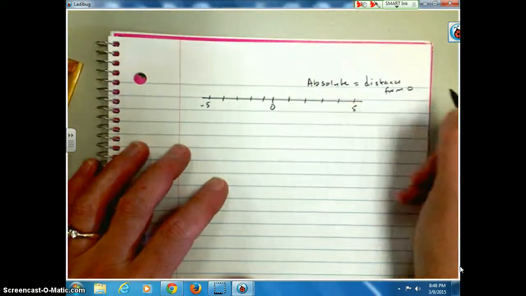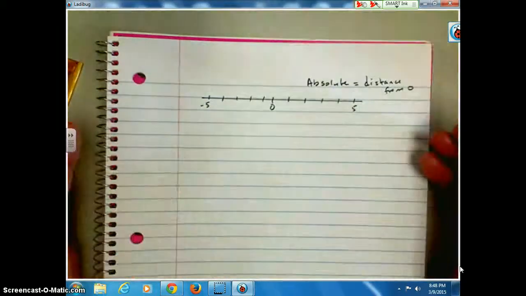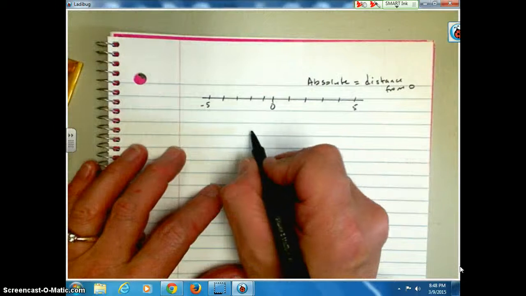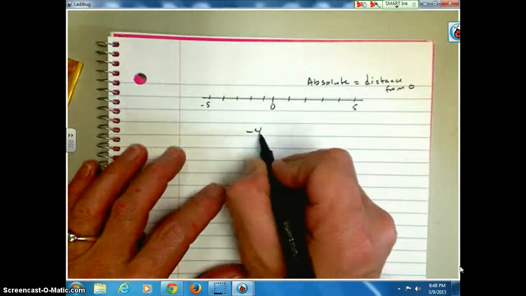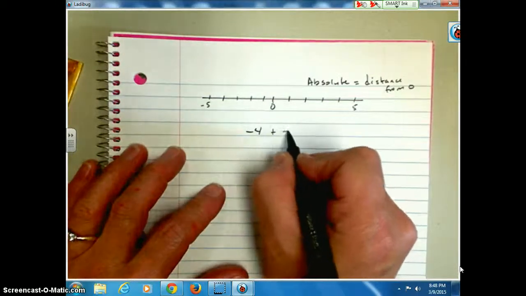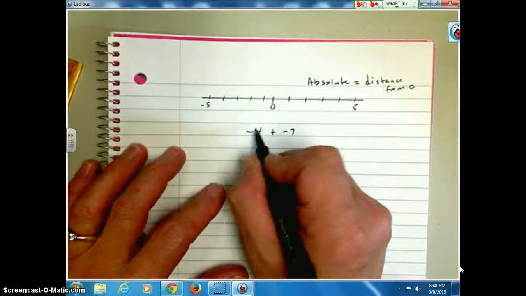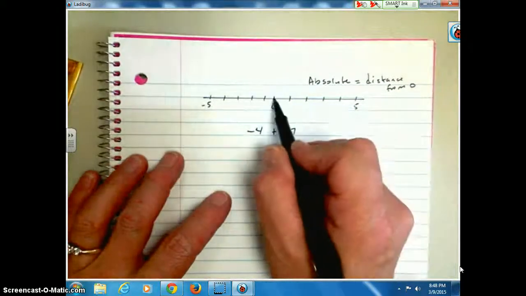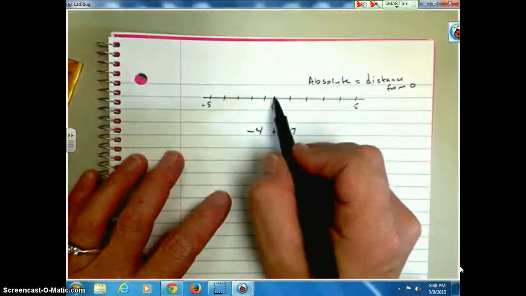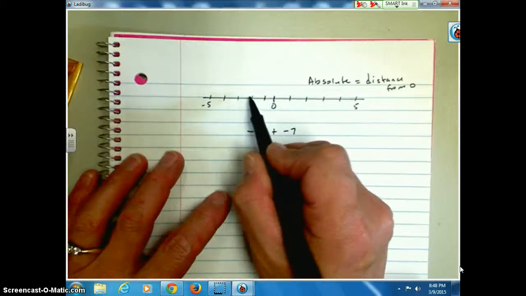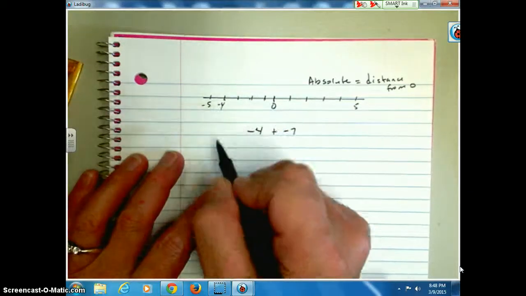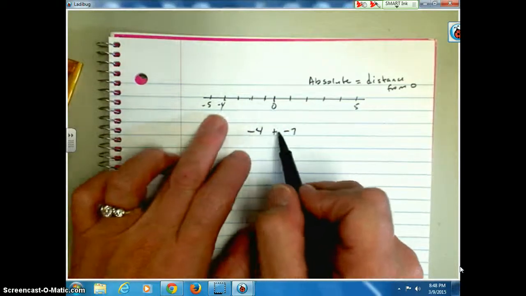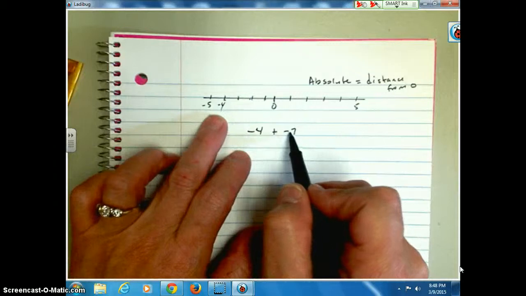from 0. So let's say we had a problem where we had a negative 4, and we wanted to add a negative 7. So we start with 0, and we start with negative 4: 1, 2, 3, 4. So we'll start with negative 4, and then we're adding on another negative 7.